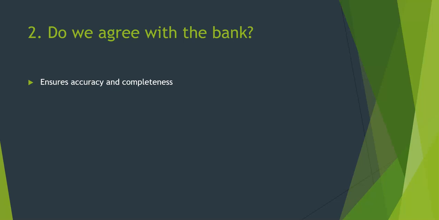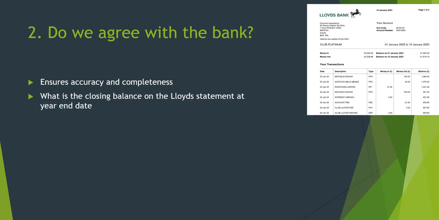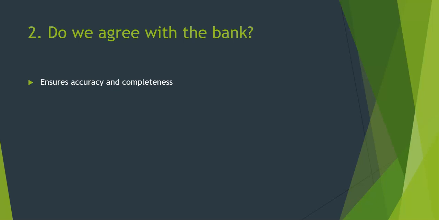It ensures accuracy and completeness of our records, so it makes sure that everything has been recorded properly, nothing's been missed out, nothing's been duplicated, etc. Because when we constantly check back to the bank, we know that our data set is correct.